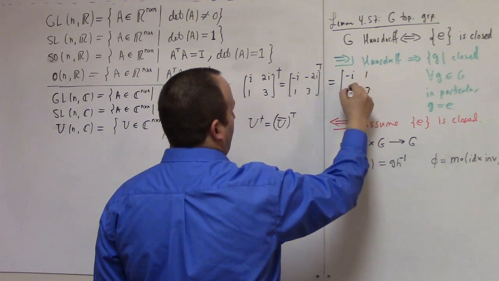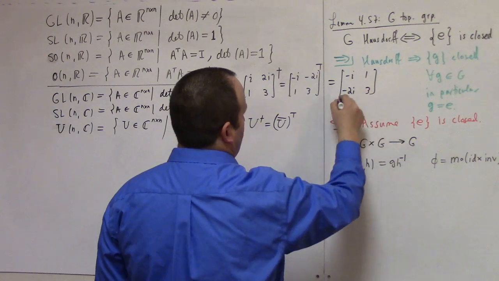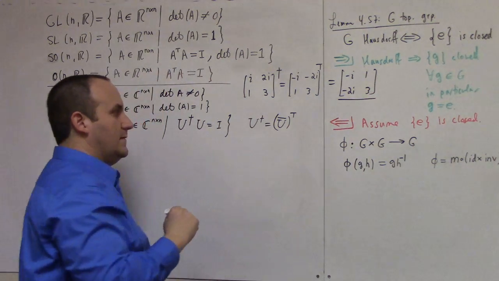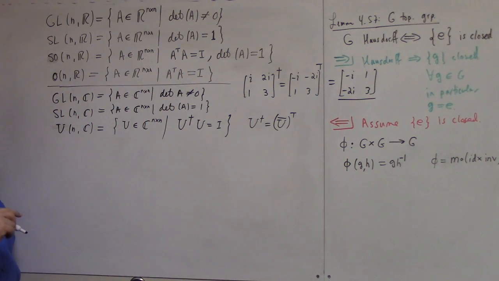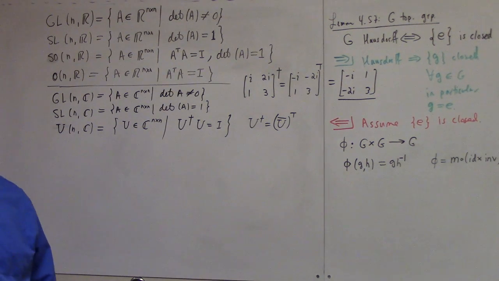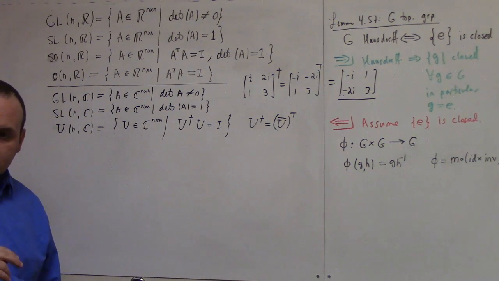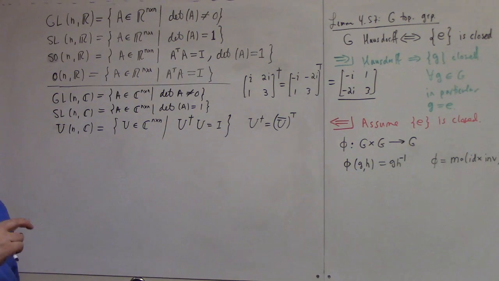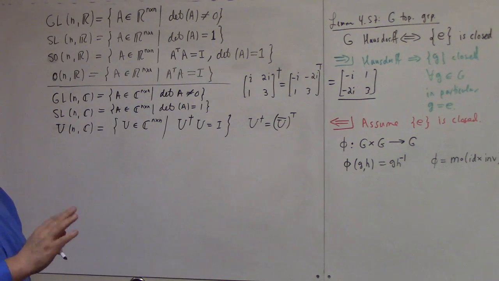Now, of course, that's not a unitary matrix. That's just an arbitrary 2x2 complex matrix I made up. If a matrix is equal to its conjugate transpose, it's said to be a Hermitian matrix. It's the complex analog of symmetric. Likewise, if it's equal to minus its own dagger, it's said to be skew Hermitian.